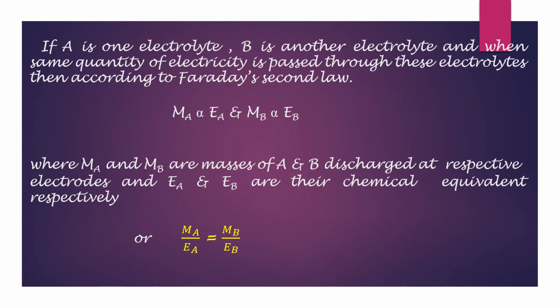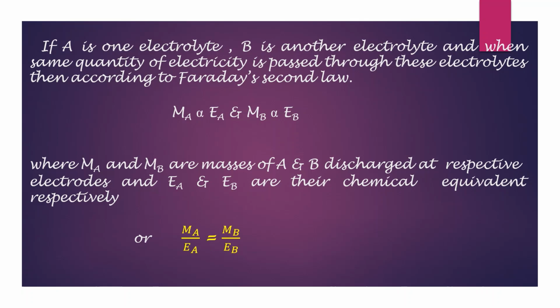Ma is the mass of A discharged at the electrode, and Ea is its chemical equivalent mass. Mb is the mass of B discharged at the other electrode, and Eb is its chemical equivalent mass.